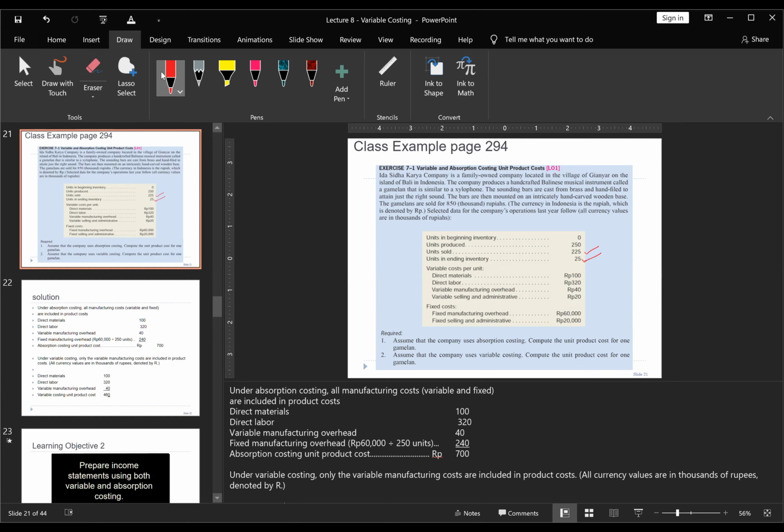We just calculated that 700 is our fixed cost, and 460 our variable cost. So the difference is 240. So 240 would be fixed manufacturing overhead. Okay, 240 multiplied by 25, that would be the difference.